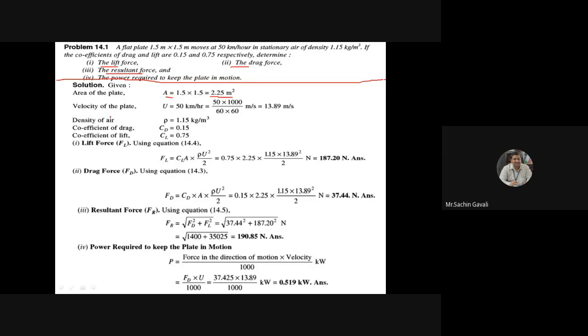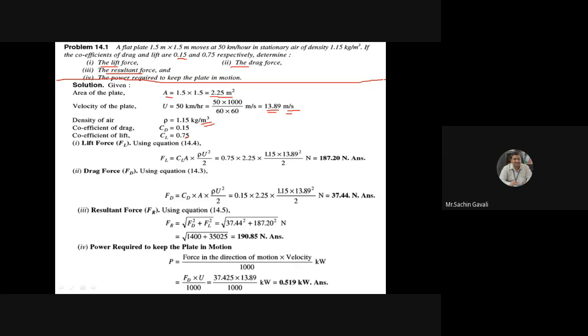Then velocity of the plate U is 50 kilometer per hour. In SI unit we should represent it in meter per second, so 50 into 1000 divided by 60 into 60 is equal to 13.89. Rho of air is given as 1.15 kg per meter cube, and coefficient of drag CD is 0.15 and CL is 0.75.